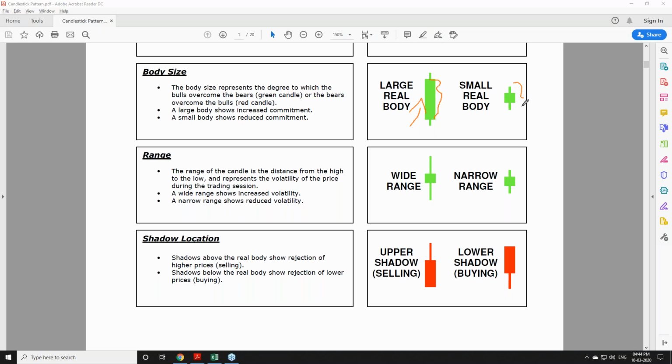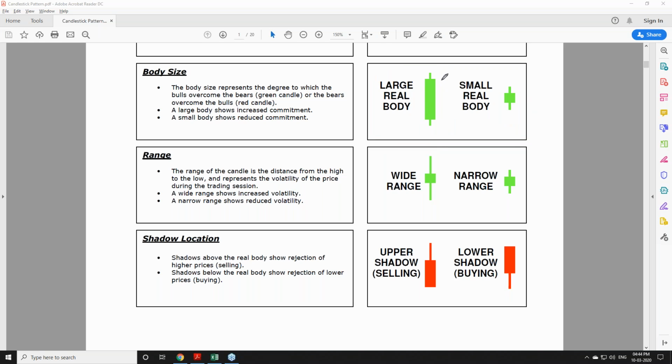A small real body is like this: assume there are two pani puri shops nearby. One pani puri shop is fully crowded. At the other shop, only 2 or 3 people are sitting and eating simply. Here it is completely crowded, always 50 members. That is the difference between a large real body and a small real body. Same like that, it can be green or red.